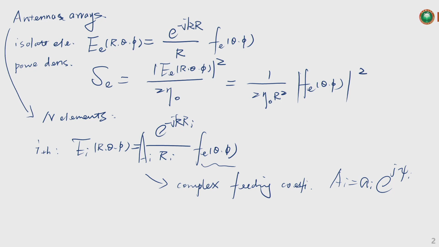For such an assumption, for example, we have antenna elements, so we use circles to represent them. So this is element 0, element 1, element N-2, element N-1.